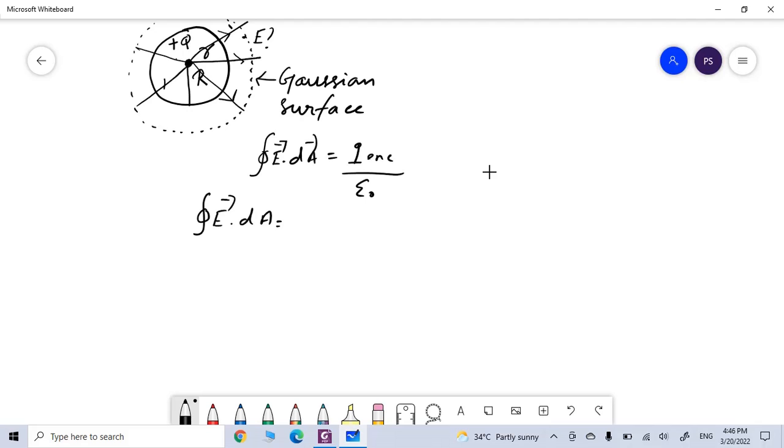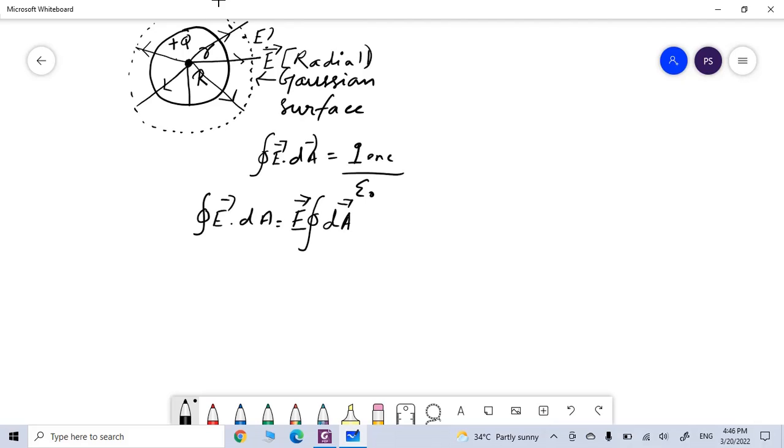So let's map the electric field lines first. This is the direction of your electric field. In other words, the electric field is radially pointing outwards, and the electric field is uniform, so the electric field can be taken outside the integral. Now we just have dA.